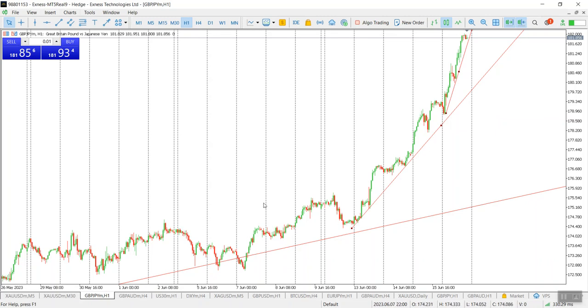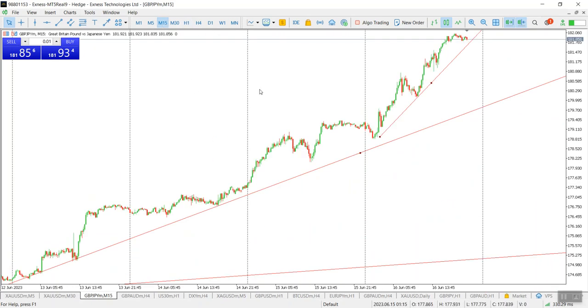So we have already established that our market is bullish on the daily time frame, 4 hours time frame, and 1 hour time frame. Even if we go down to the 15 minutes time frame, we see that it agrees with our market bias.